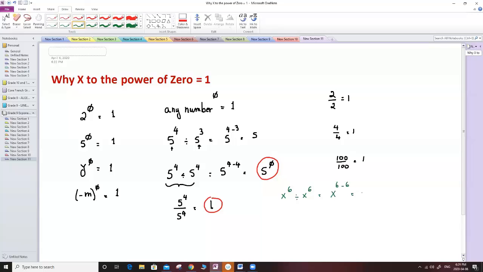This is related to the law of division, where I subtract the exponents. So it's going to give me x to the power of 0. But in the meantime, x to the power of 6 divided by x to the power of 6 equals 1. Why? Because numerator equals denominator. Therefore, any variable to the power of 0 has to equal 1.